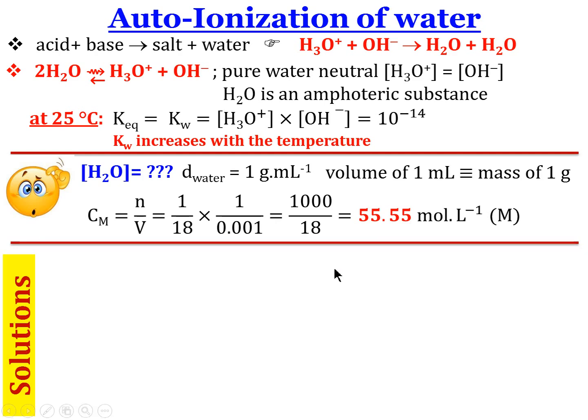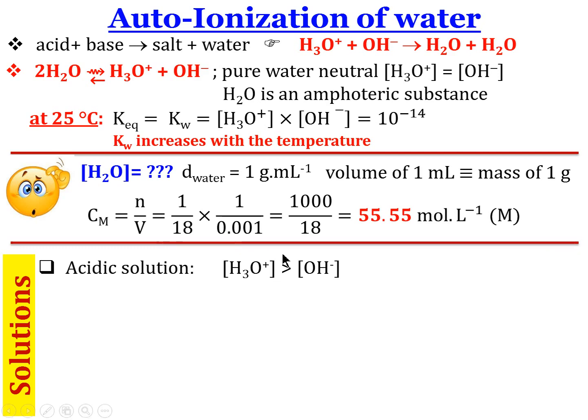In the previous slides, we explained the difference between the terms acid, acidity, base, and basicity. Acid and base are used for substances. Acidity or basicity are used for solutions. Any solution contains H3O plus and OH minus, and the concentrations of H3O plus and OH minus are variable according to the composition of the solution.